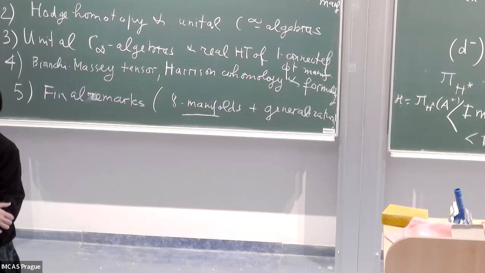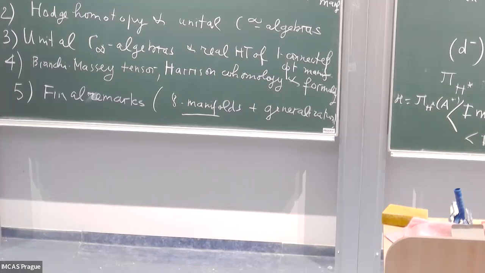More questions? Yeah. You mentioned that in the closed case, if the differential graded algebra admits a Hodge homotopy, of course that's not unique. For example, even on a Riemannian manifold, it depends on the metric.